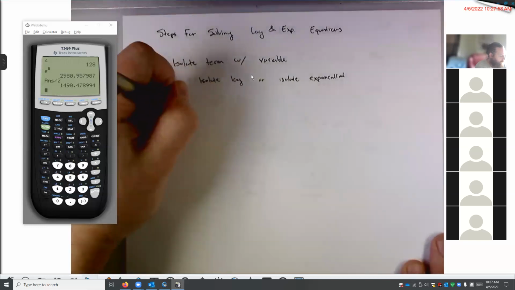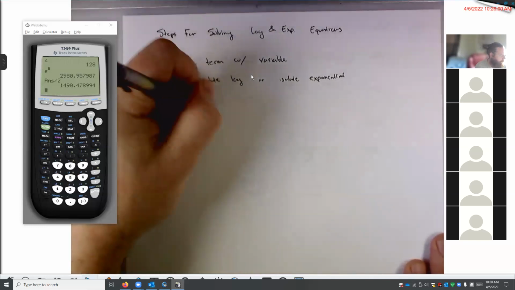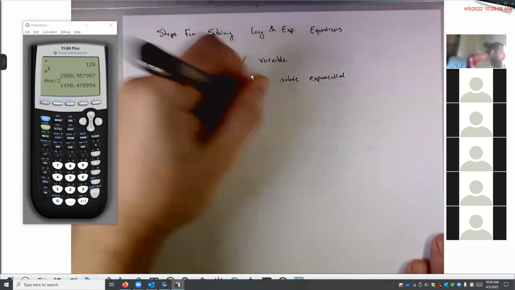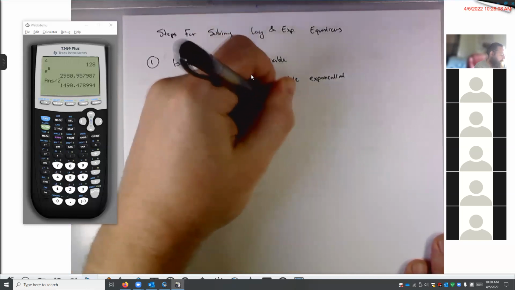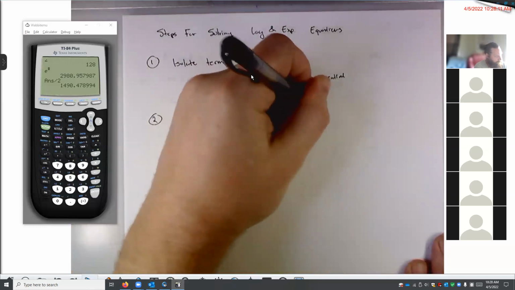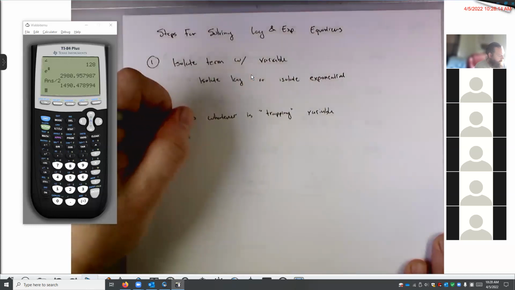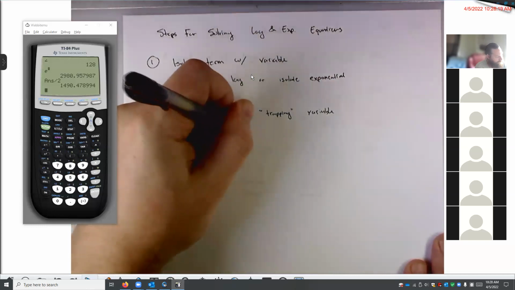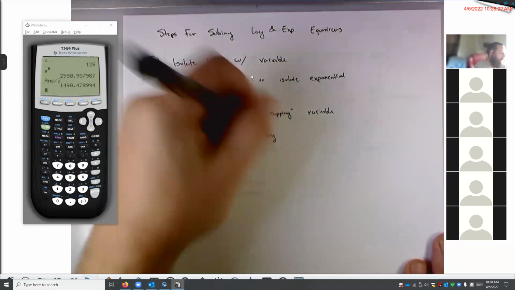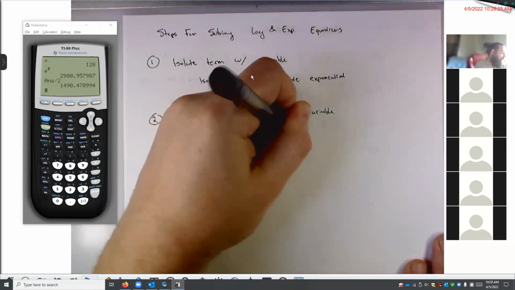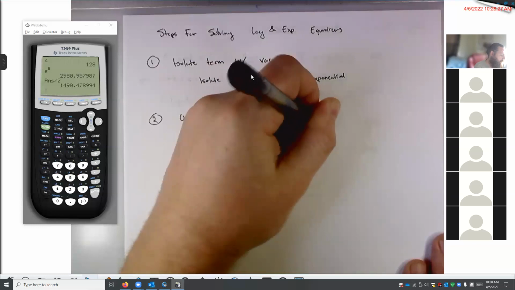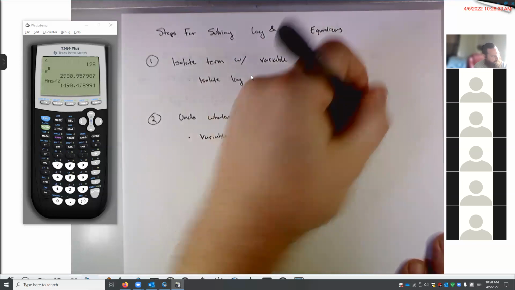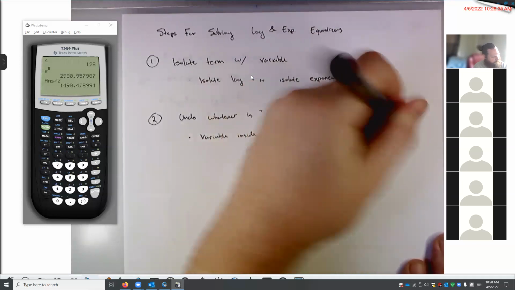Then you're going to undo whatever is trapping the variable. So if your variable is inside a log, you're going to exponentiate using the base of that log.